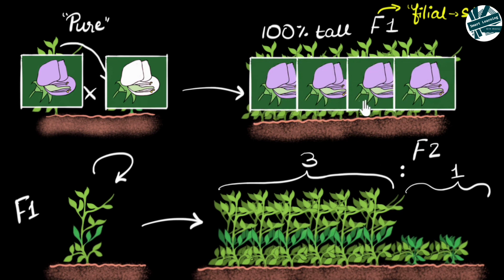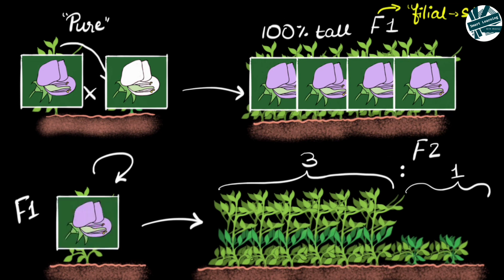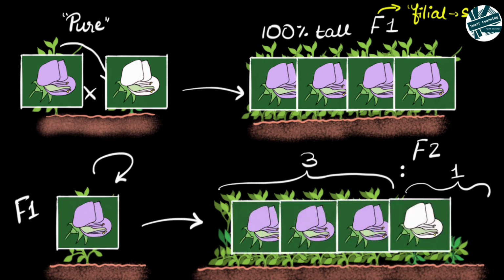This time he gets all purple flowers, no white flowers at all. But then when he takes one of these F1 generation purple flowers and self-pollinates, guess what he gets? He now gets 3 times as much purple as white. White comes back. It's in the minority, but it comes back with the same ratio, 3:1.